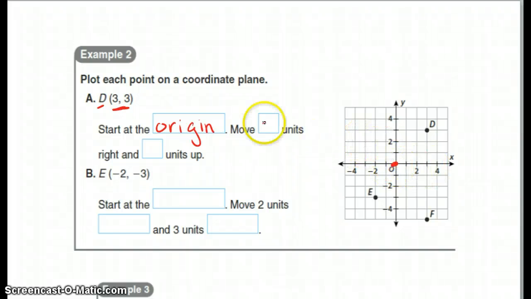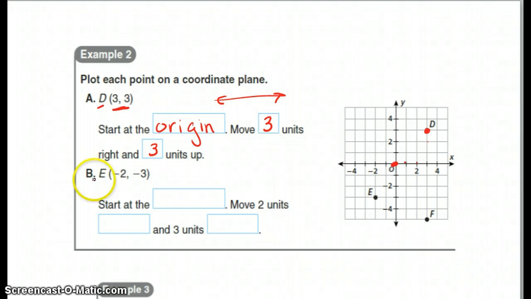I always move across first. 1, 2, 3. And then I move up or down. Well, that's a positive 3, so I'll move up 3, and there is D on my coordinate plane. So I move 3 to the right, and I move 3 units up.